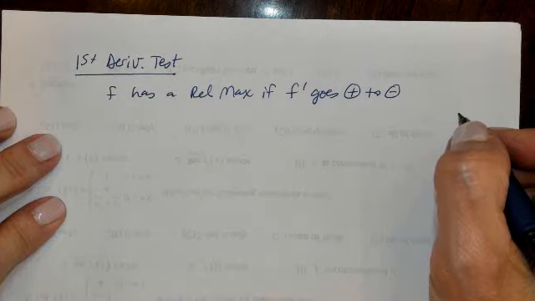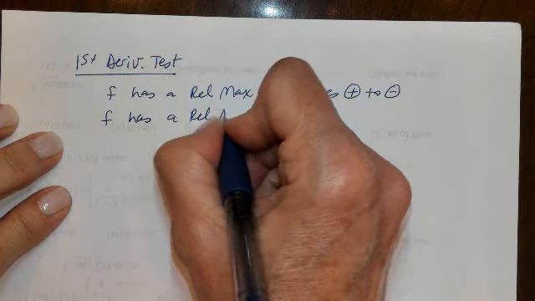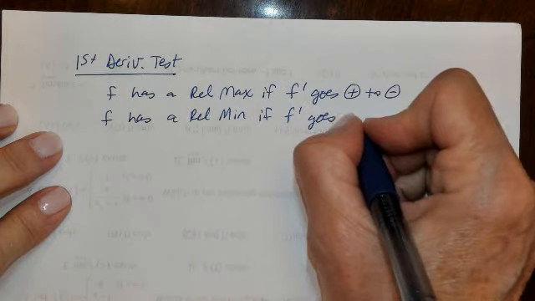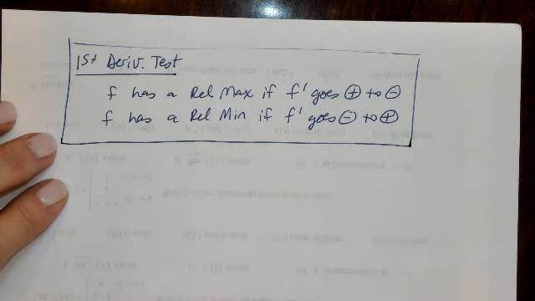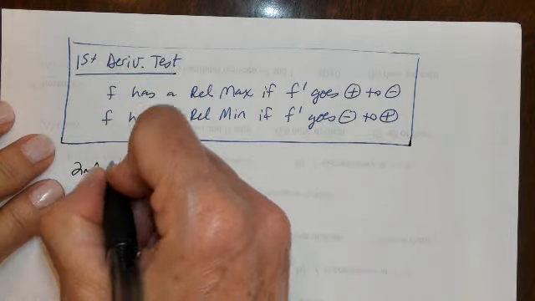F has a relative min if F prime goes negative to positive. That's the first derivative test. We use it. We love it. It's nice. Okay, but what about the second derivative test?